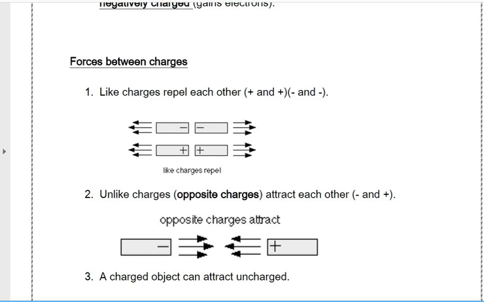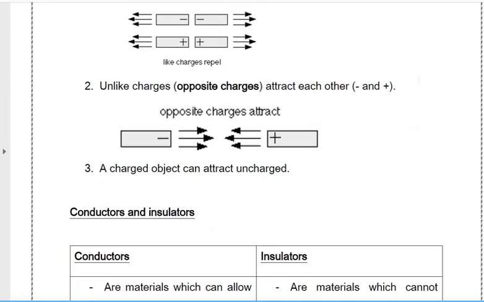So what you have is negatively charged electrons who always want to move to where the positively charged particles are. Because positive attracts negative, north attracts south. Unlike charges attract, okay? Unlike charges attract.